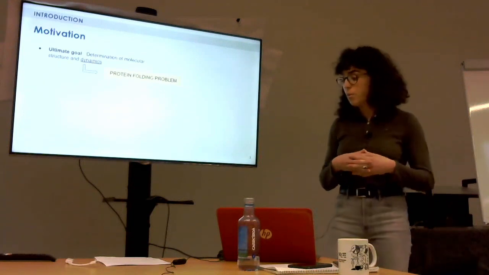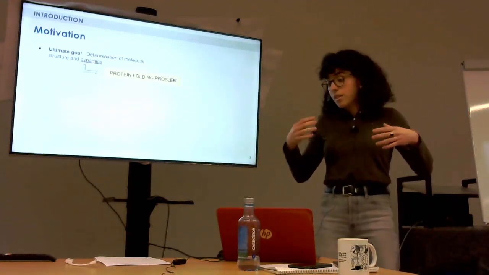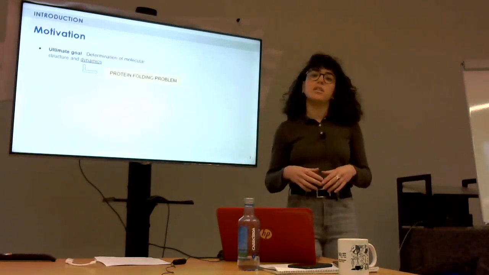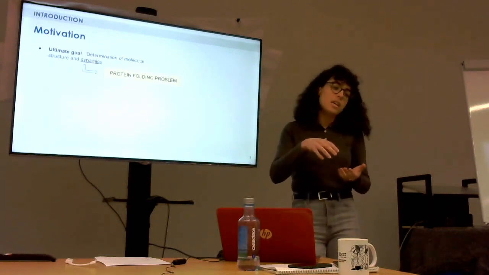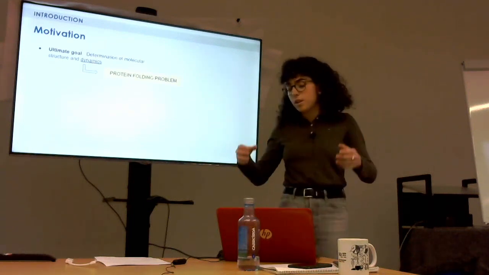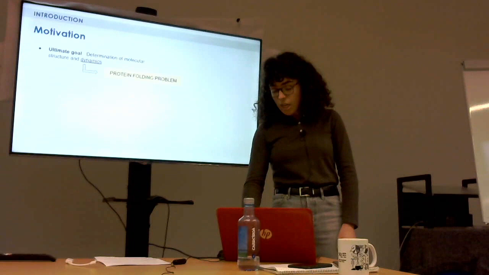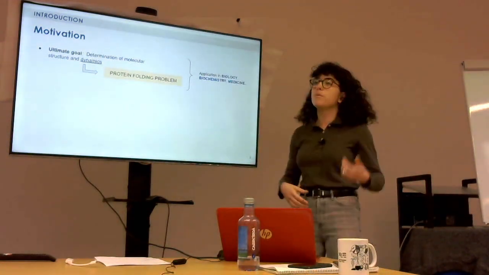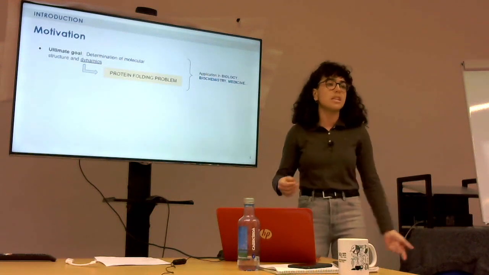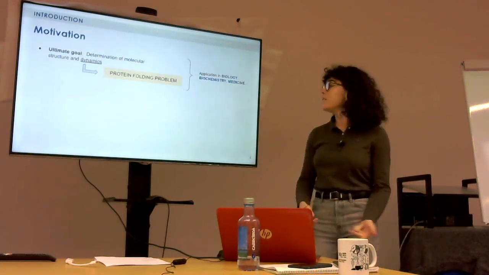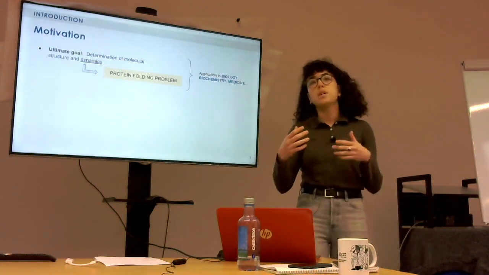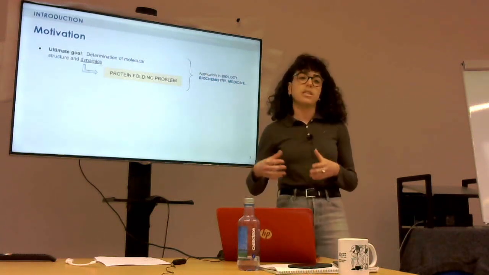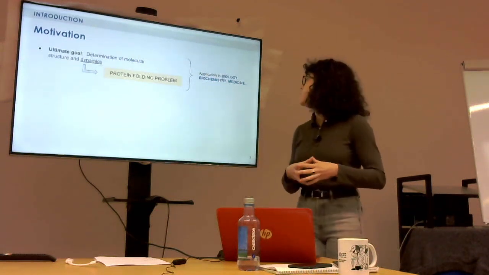So it is interesting to learn about this process and also just the structural determination of different folded proteins. This has many applications, obviously in biology and biochemistry, but also in medicine, for example, to develop treatments for this kind of diseases.